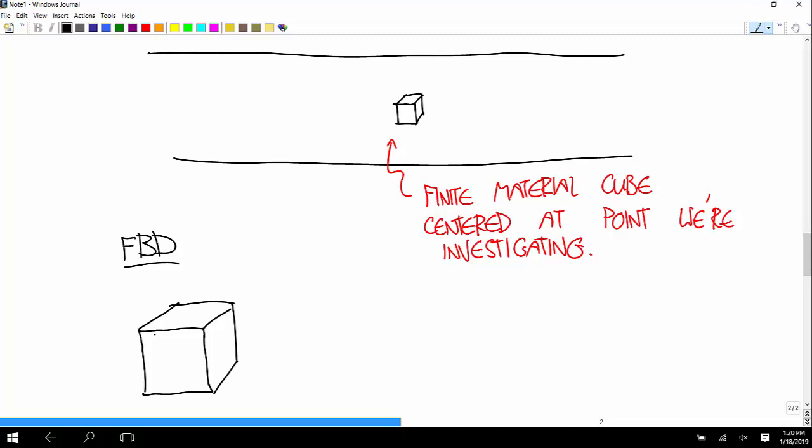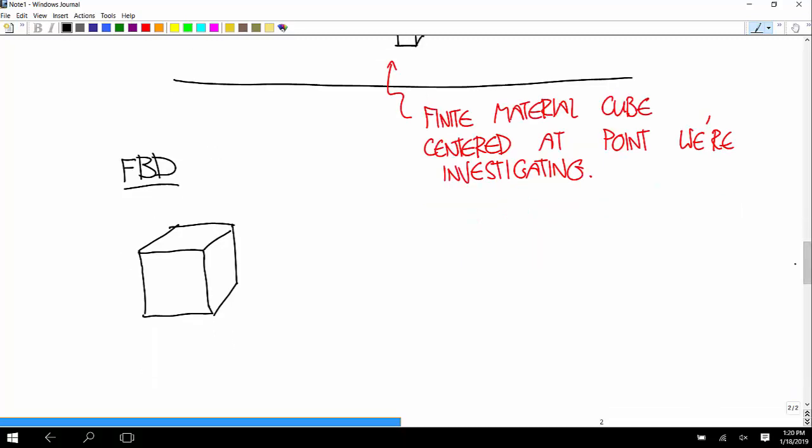So we have 6 faces, and each one of those faces makes a fixed joint with its surroundings. Okay, and so if we're going to draw those loads, we have a force vector like that, and then we have components of a couple along every axis. With me on that? I can only draw 3 of them. There's 6 of them. 3 of them are obscured in this picture.